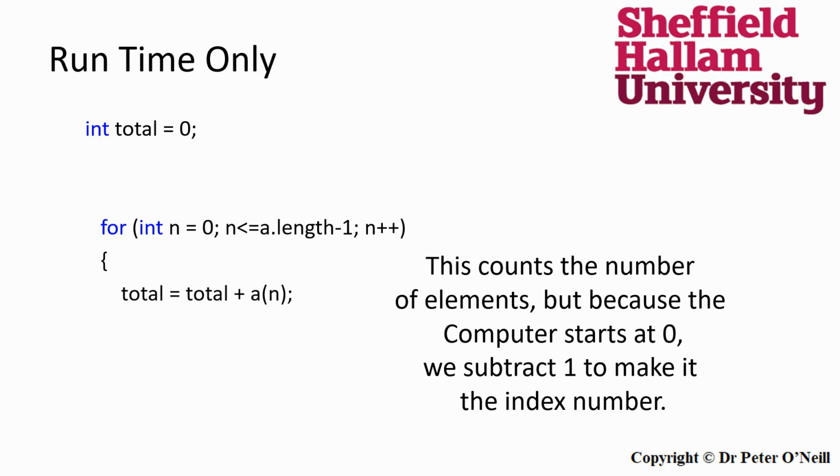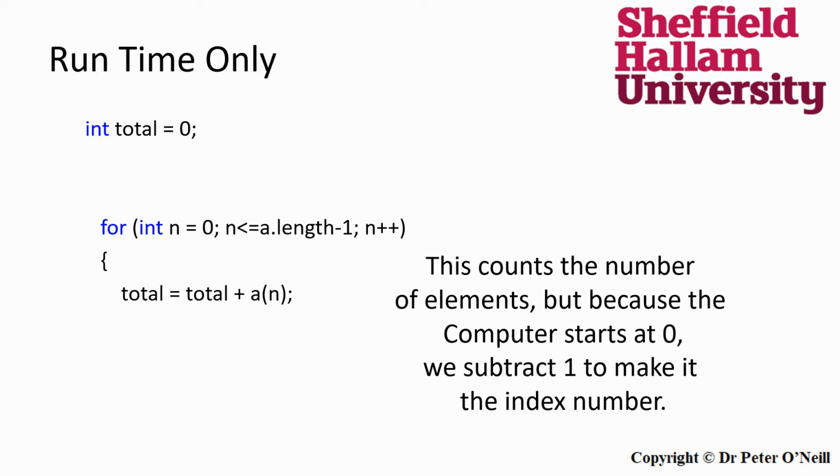Okay, so we can then say total will equal total plus a, and that should be squared brackets, not rounded brackets, n close squared brackets, semicolon. So we will add each of those numbers that we've previously put in, and we'll add it to total.